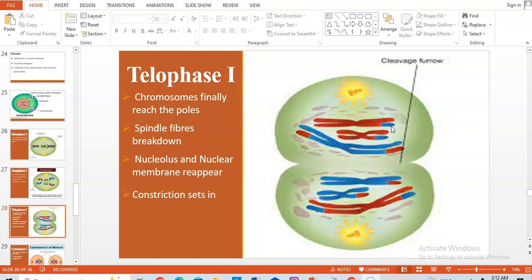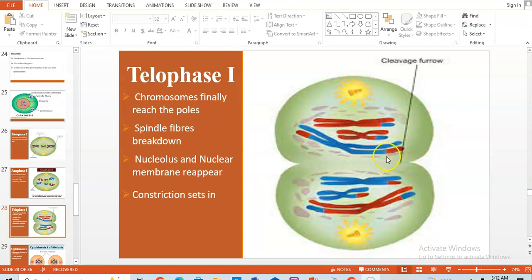Then the nuclear membrane begins to reappear, and the nucleus reappears at this telophase 1. Once that occurs, a constriction begins to set in. So that's what happens at this telophase: the spindle fiber breaks down, the nuclear membrane and nucleus reappear, and then the constriction occurs.